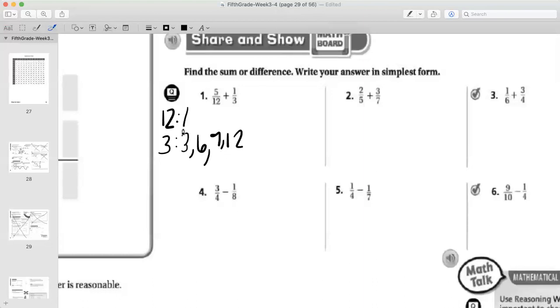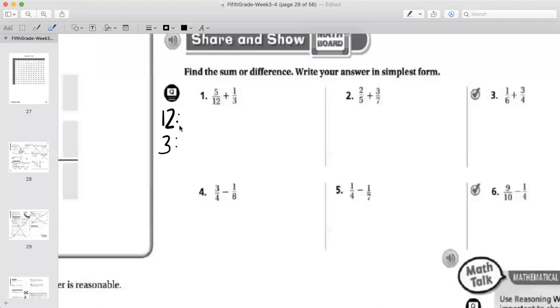Here I'd have 12. Actually, change of plans. I need to use the annotation tool. This is going to take up way too much room, I believe. I can leave that part there, I think.